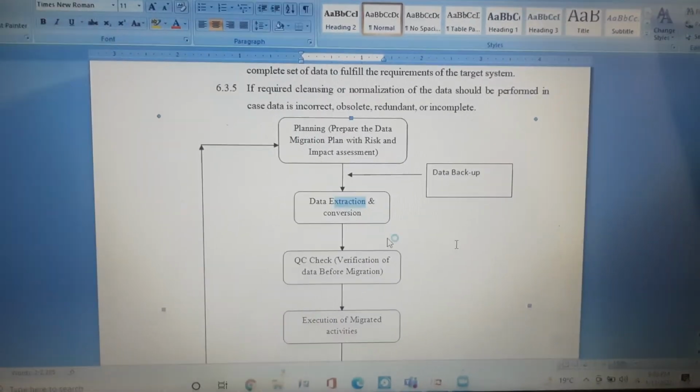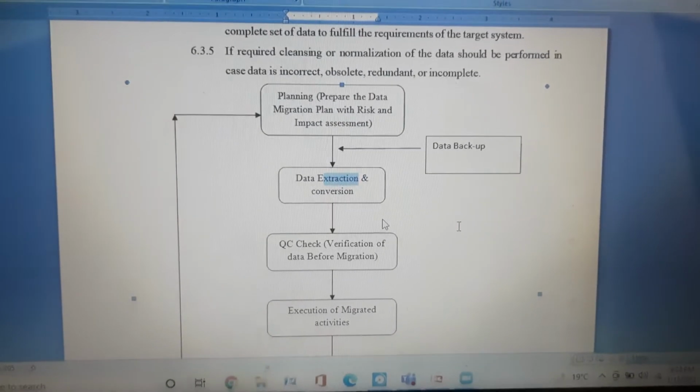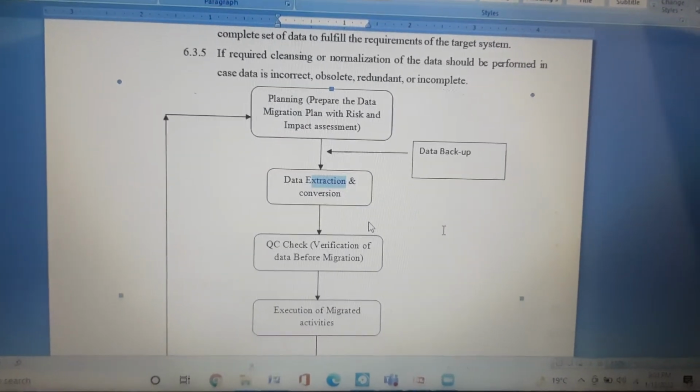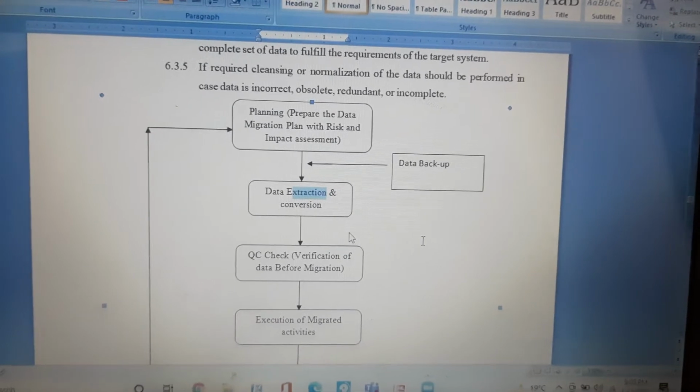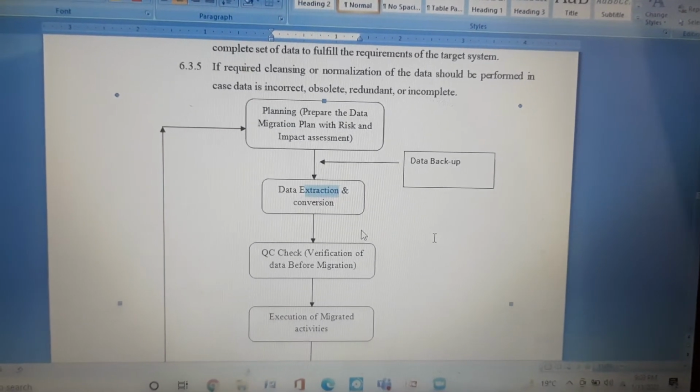This is called the data extraction. So extract your selected data and then transfer those selected data.